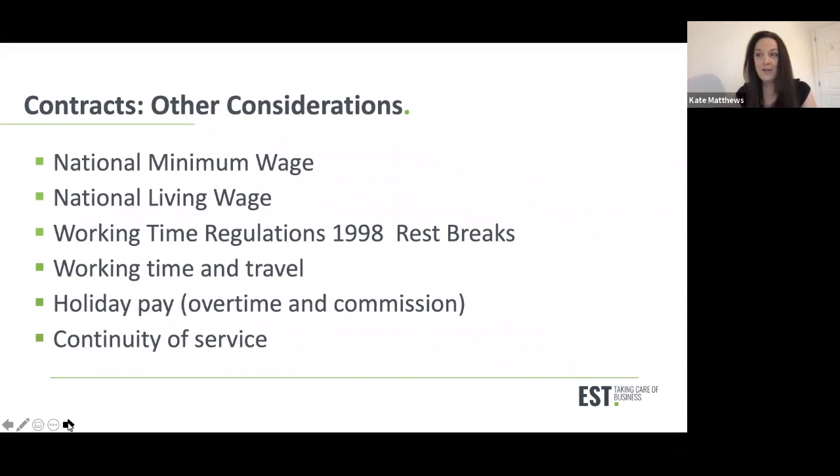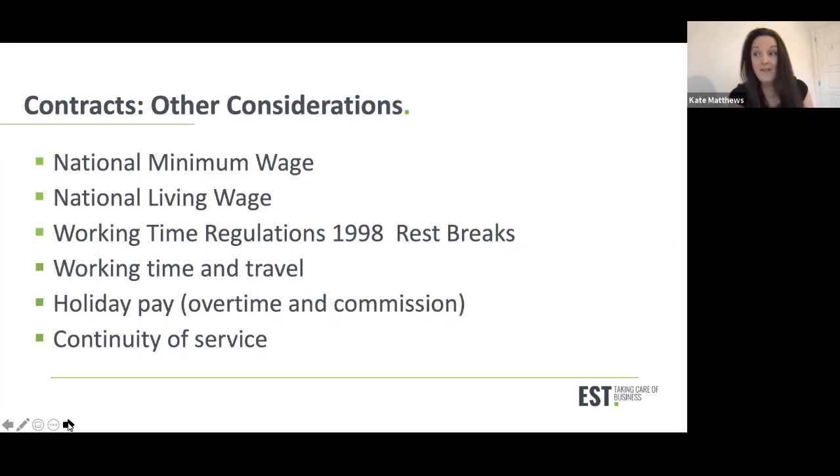And then just a few other considerations with contracts, just to make sure that you are always keeping an eye on and complying with the national minimum and the national living wage, making sure that you are aware of and complying with working time regulations, bearing in mind working time and travel.